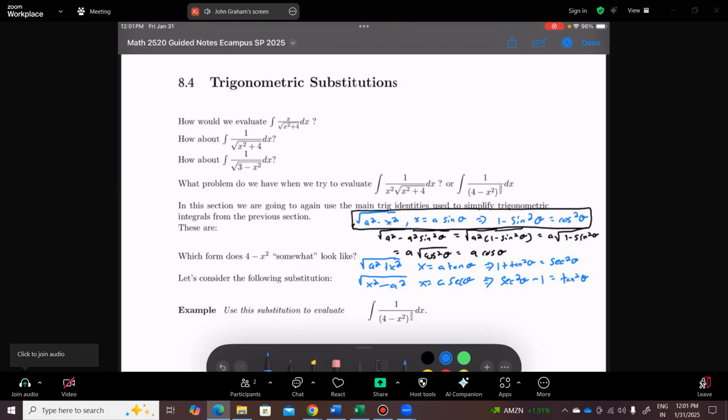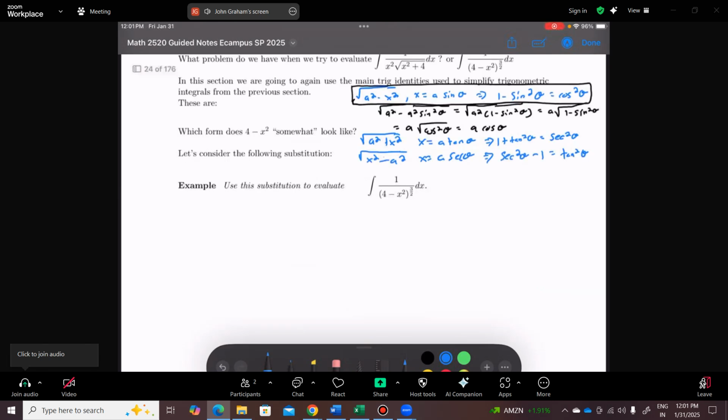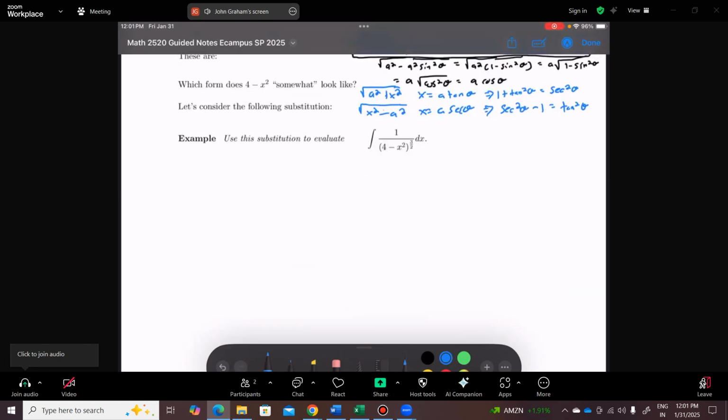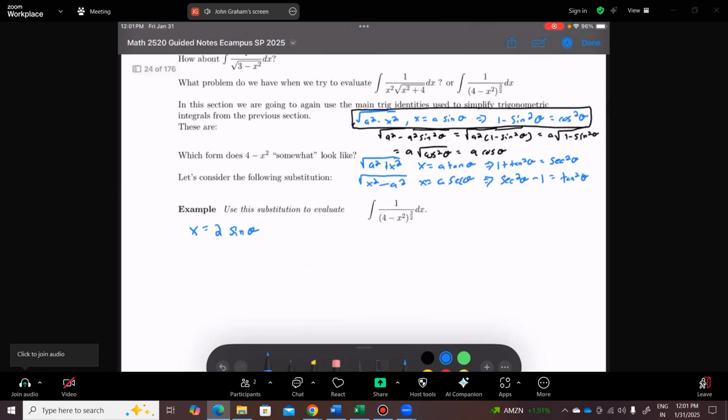Right, so let's go through a problem here. We're going to use a substitution to evaluate the integral of 1 over (4 minus x squared) to the 3/2 dx. Here we're going to let x equal 2 sine theta. Now, the reason why is it follows this form of square root of a squared minus x squared, where a squared is 4, so a is 2, and then we always let x equal a sine theta.